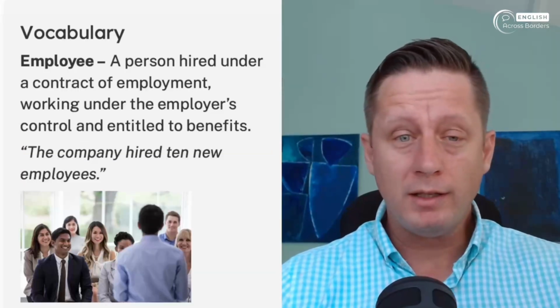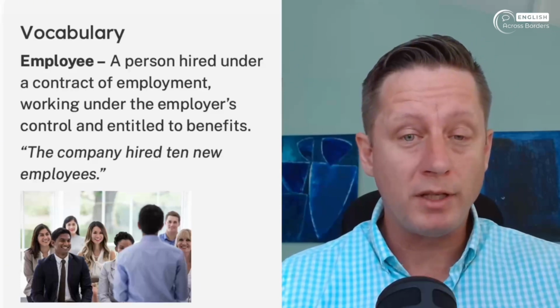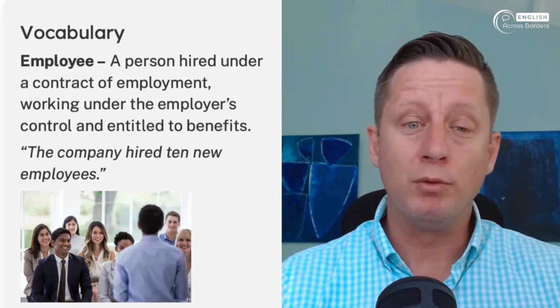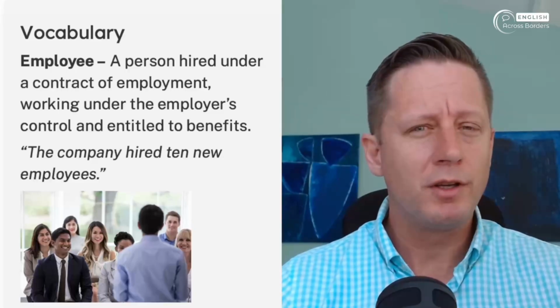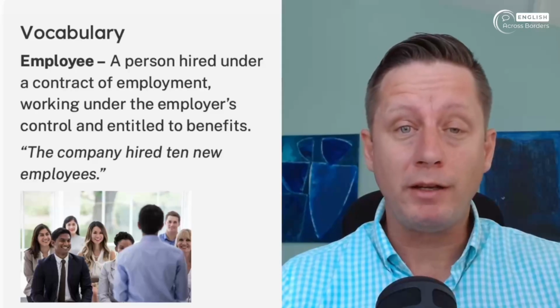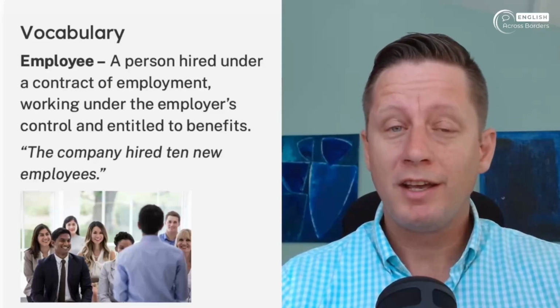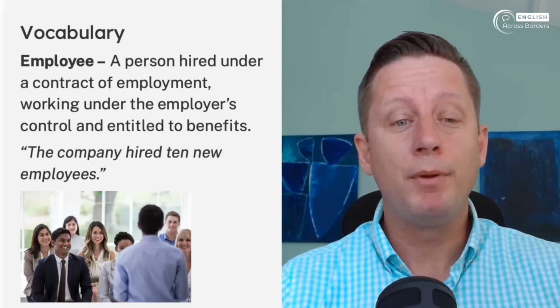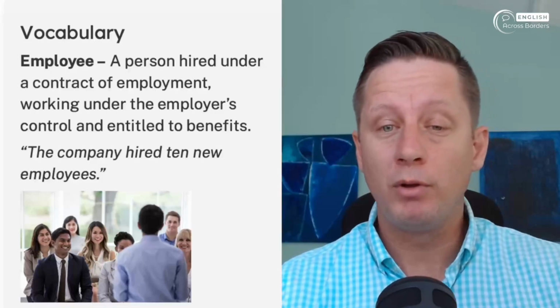An employee is someone who works for a company under an employment contract. They follow company rules, work fixed hours, and are usually entitled to benefits like paid leave, health insurance, and pension contributions. For example, the company hired 10 new employees.